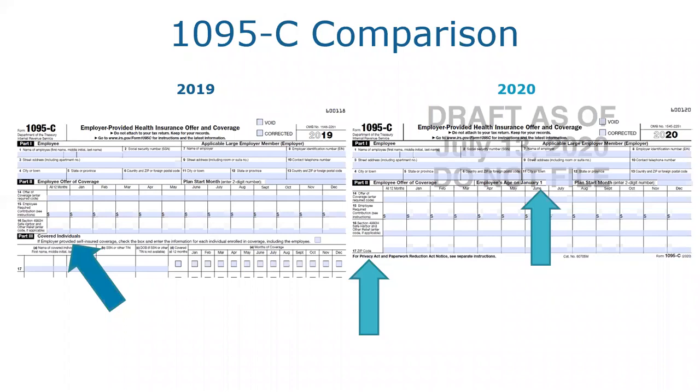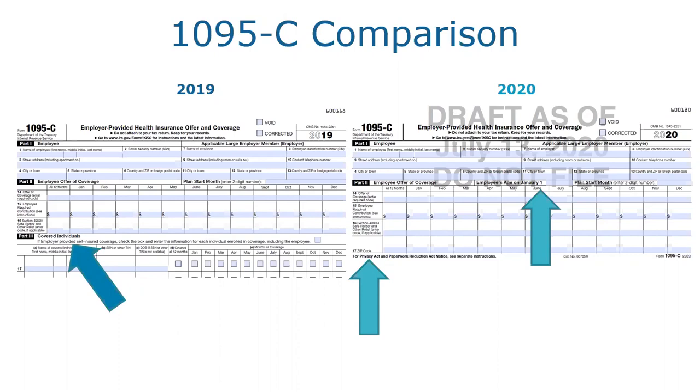Now, if you go out to the IRS website and take a look at forms and you print off the 2019 as well as the draft for 2020, you will see that part 3 that was on page 1 for 2019 has now been moved to page 3.